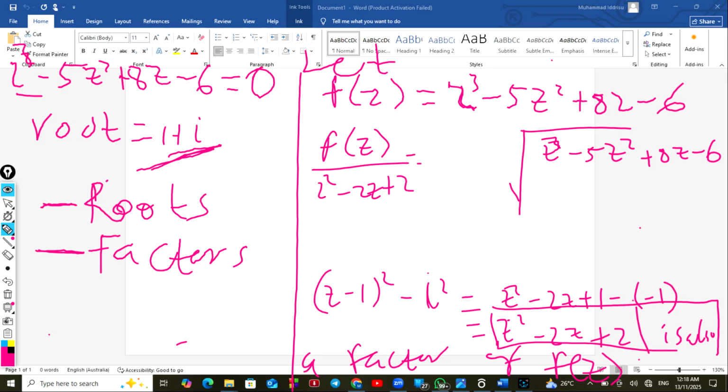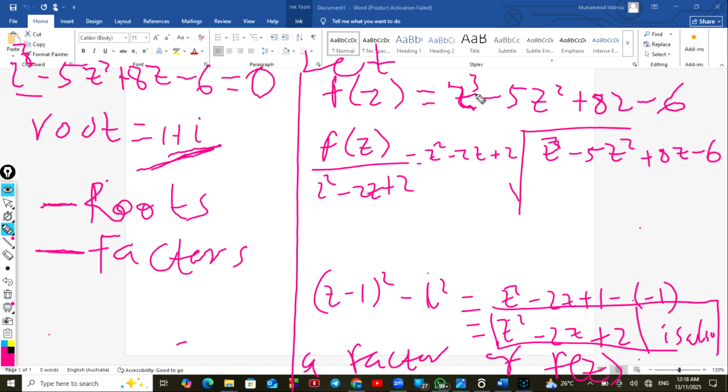My guy back again. So I have my z square, my divisor outside, minus 2z plus 2. My 2 and z are alike, that's why I introduced the symbol inside.